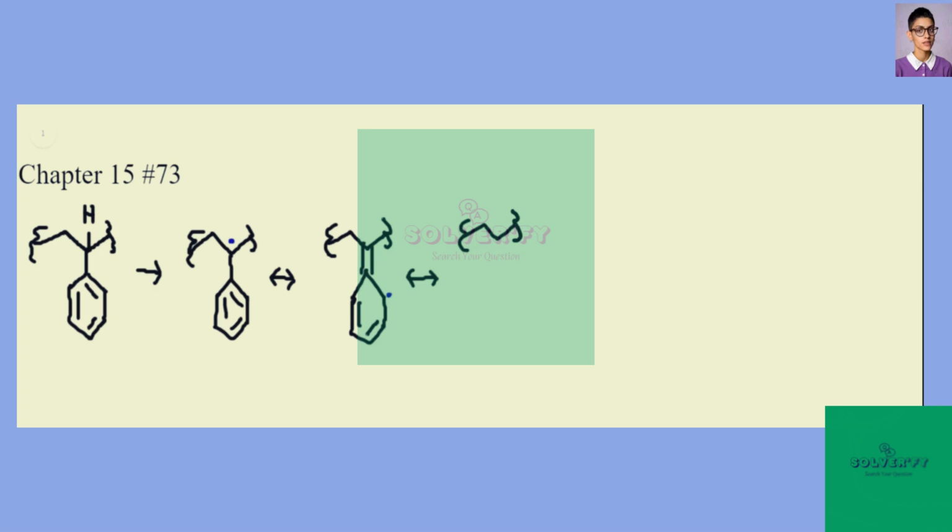And so for each of these, we can just move where that unpaired electron is and move a double bond along with it.